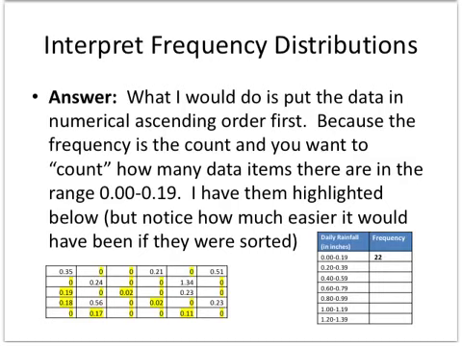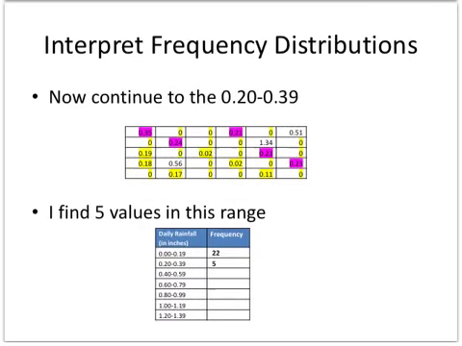Since my class width is 0.2, my first class is going to be 0 to 0.19. I go through here and find all of the values that fit in this range. If you count, you'll see there's 22 of them. Then I do the same thing for 0.20 to 0.39.